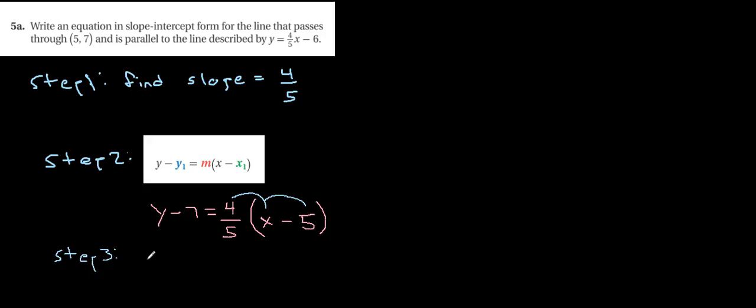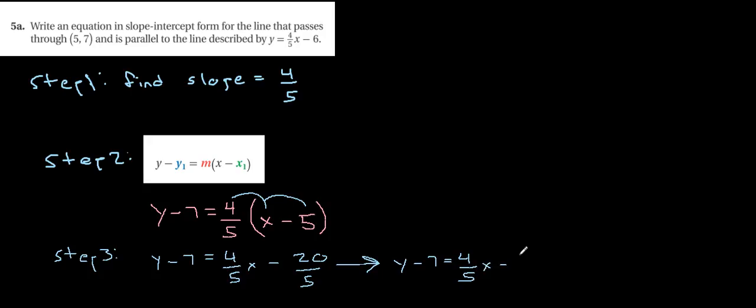So y - 7 equals 4/5x minus, well, 5 times 4/5 is 20/5, which gives me y - 7 = 4/5x - 4.